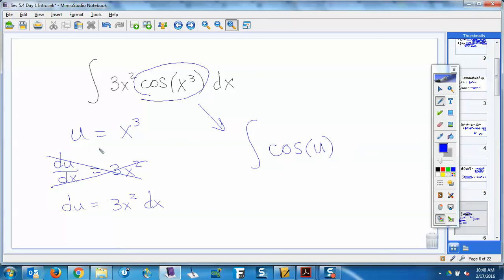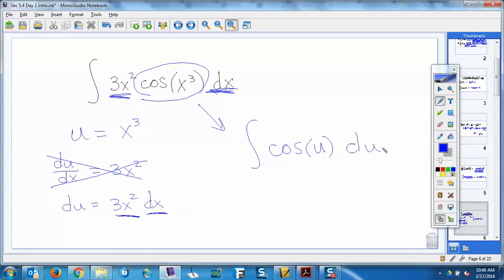X cubed is going to get replaced with the u. And then look at this part. I'll just underline it because they're not together. Look at that part, the 3x squared dx. What is that? 3x squared dx is the same as du. So I'll take those out and replace it with a du.